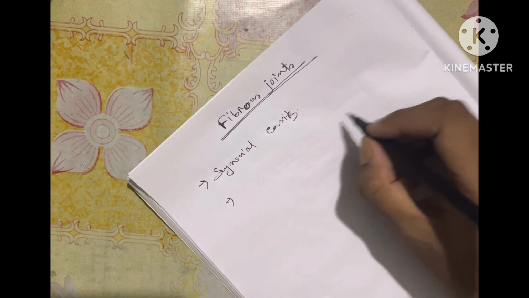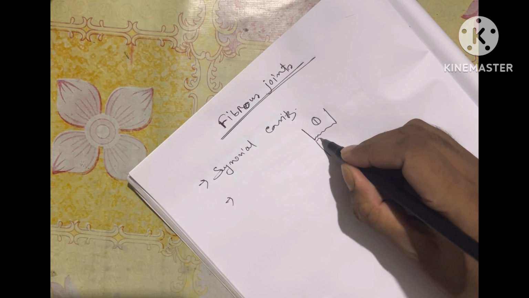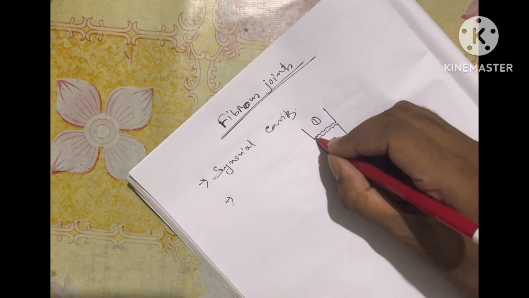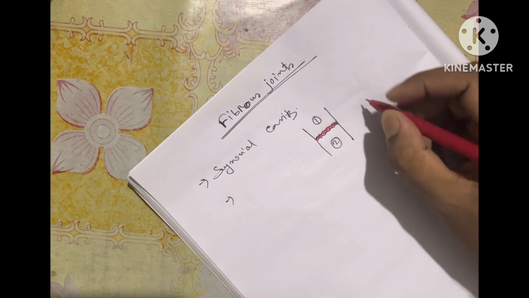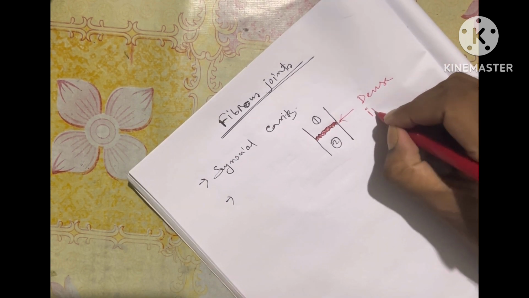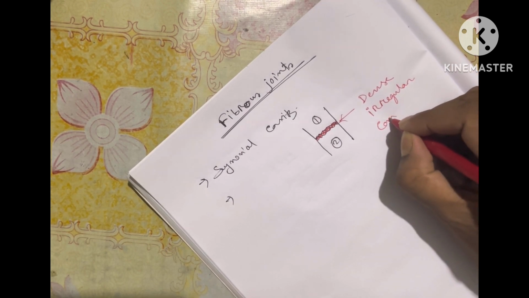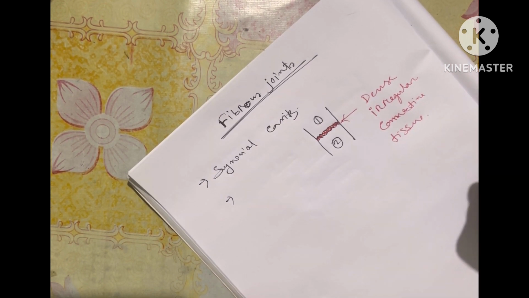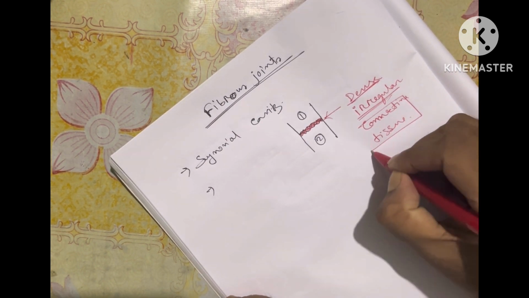Both the bones, for example, this is one bone and this is another bone, are held together or connected by some kind of dense irregular connective tissue. Dense irregular connective tissue. So it is dense, it is irregular, and it is a connective tissue.